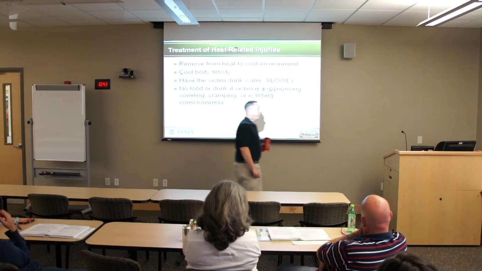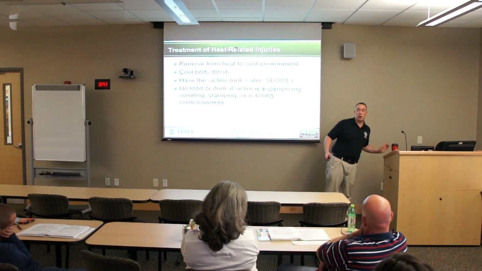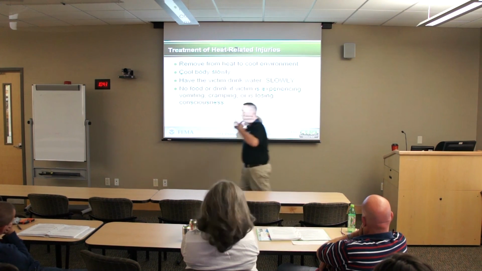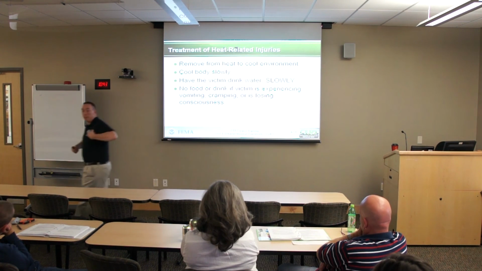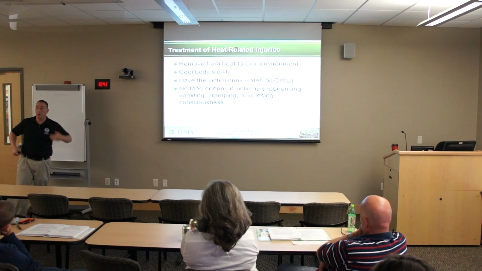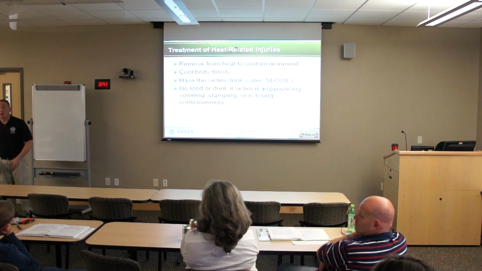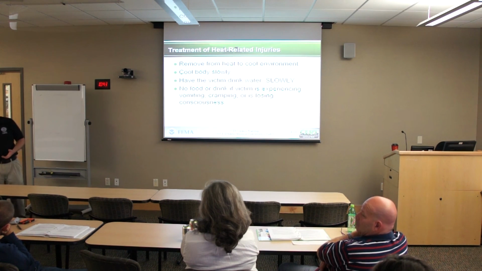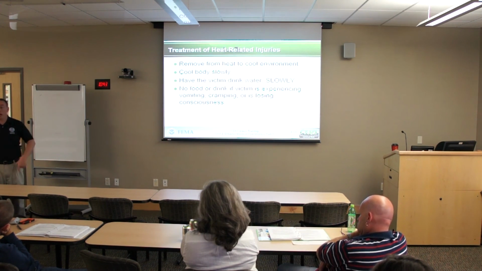Another thing that you can do, everybody knows for the most part where the main blood lines are. You've got a main brachial artery through here, you've got a femoral down here. Those blood highways carry blood all around the body.